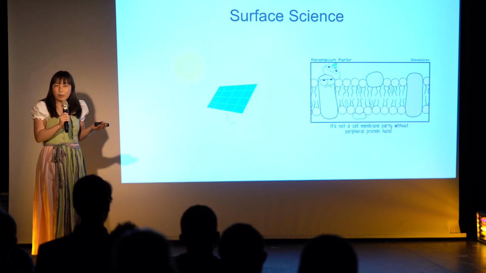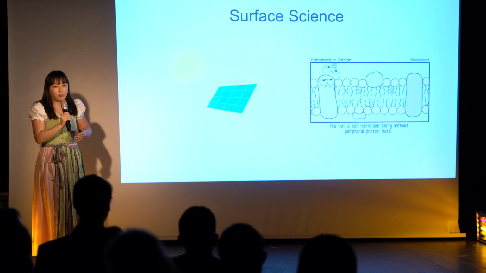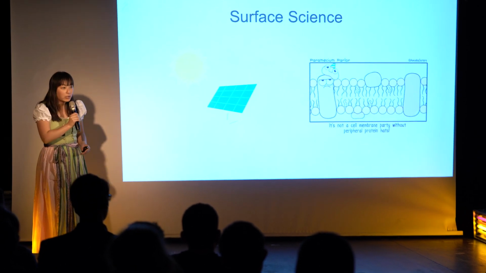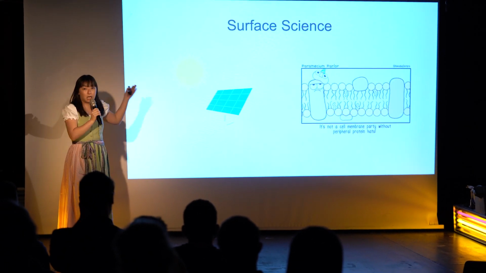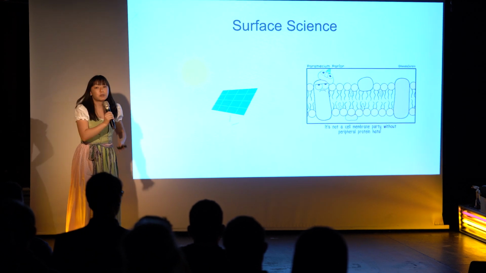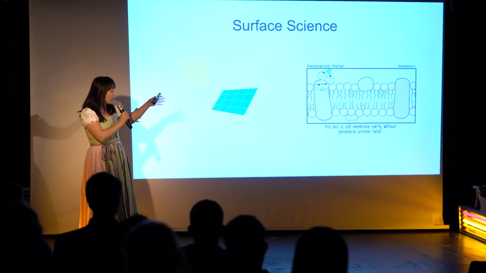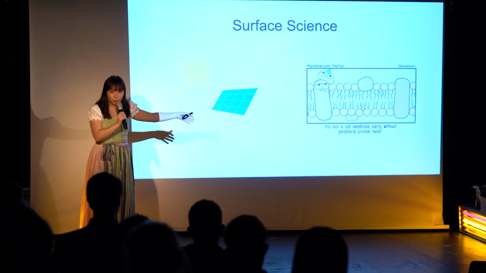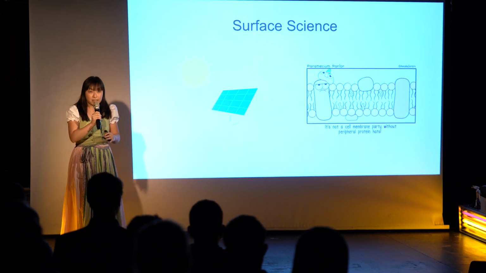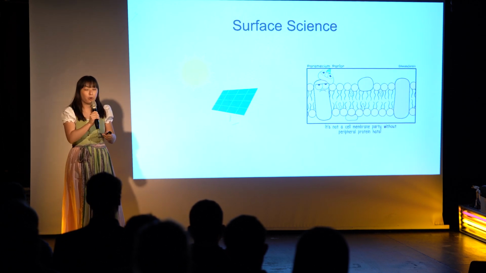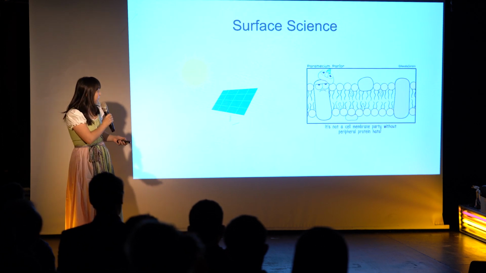So why do we want to get information from surfaces anyways? Well, from solar energy to the interaction of drugs with your cell membranes, many things happen at surfaces or interfaces.